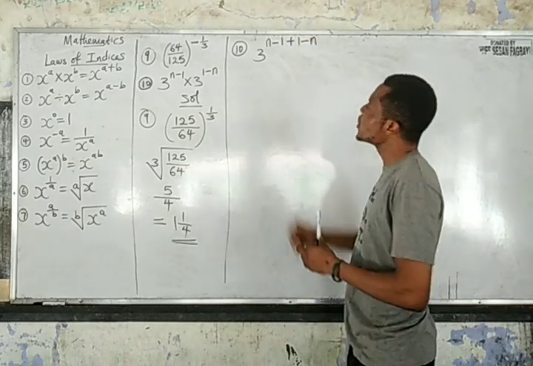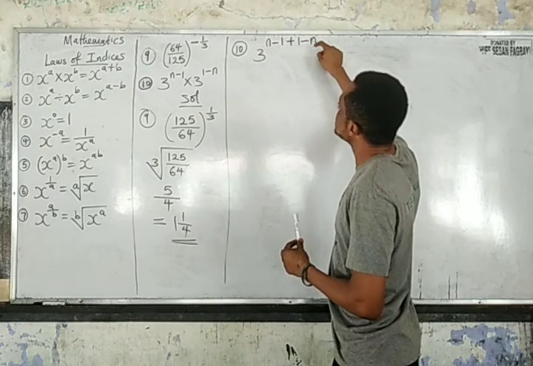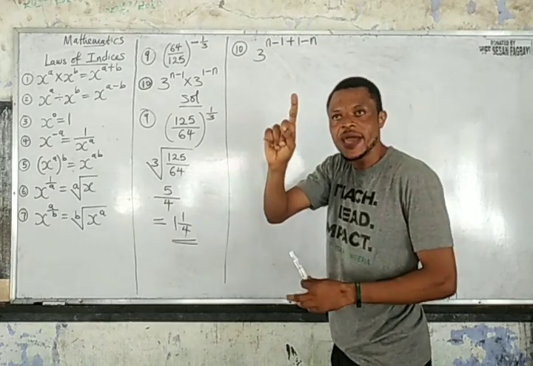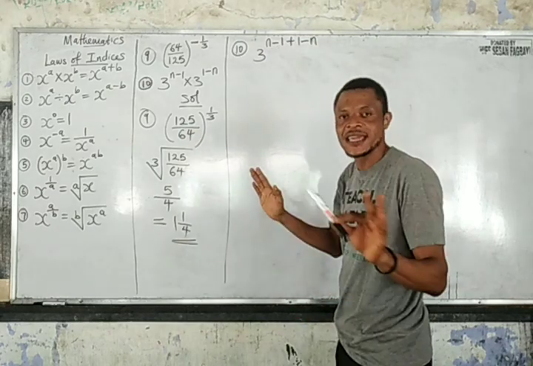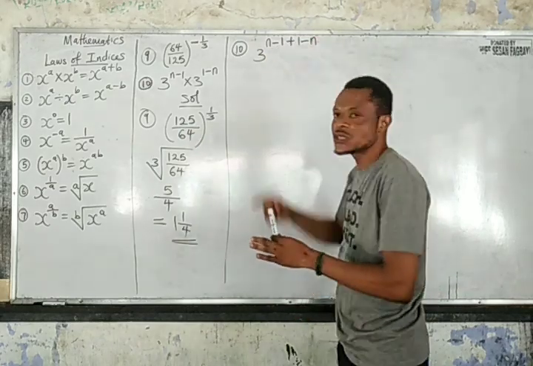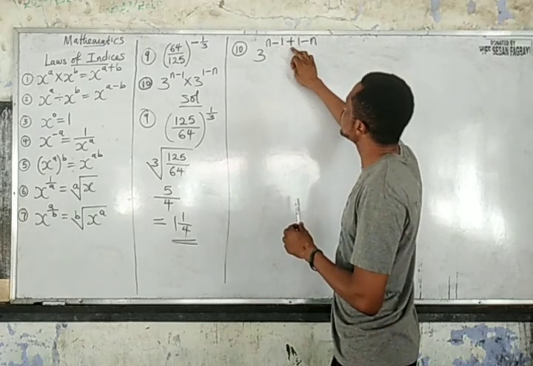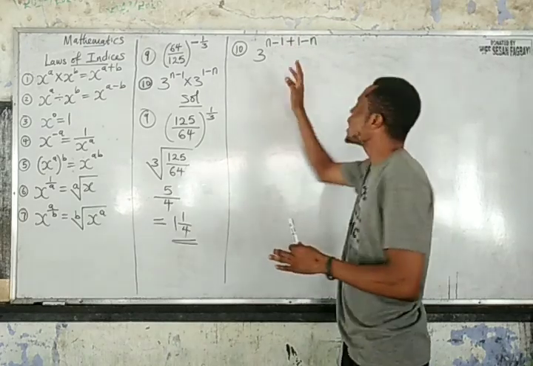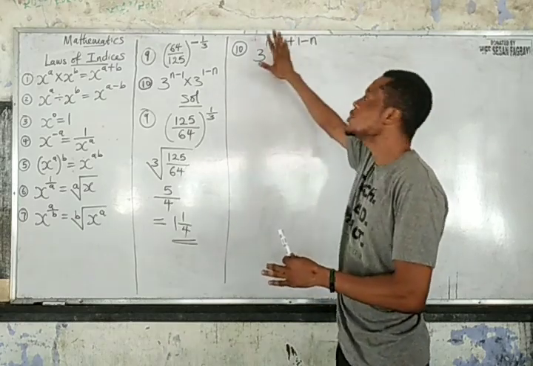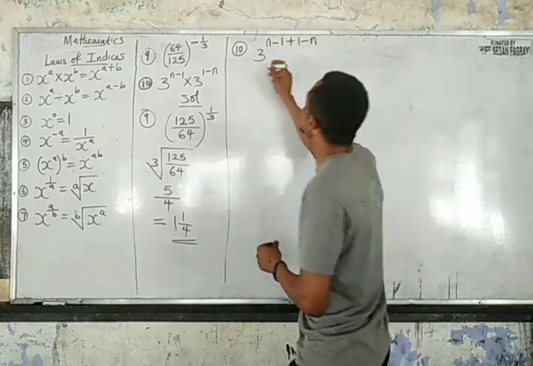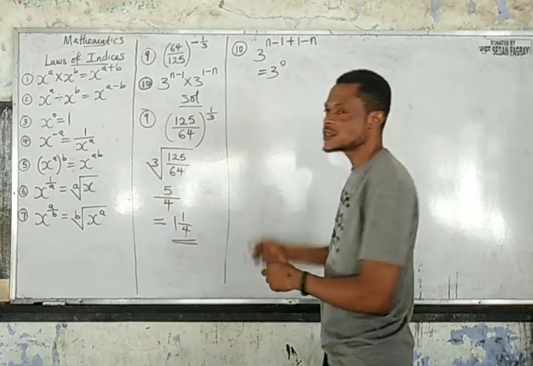Moving forward, we have n minus n. You have a single n and you have to remove the n, so you don't have anything as n again. n has cancelled n. Similarly, minus 1 plus 1. Eventually everything will cancel one another. So you are left with 3 raised to the power of 0.